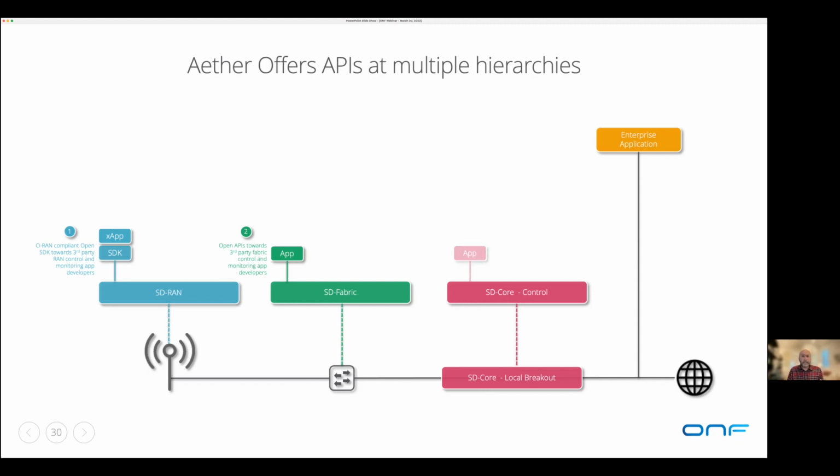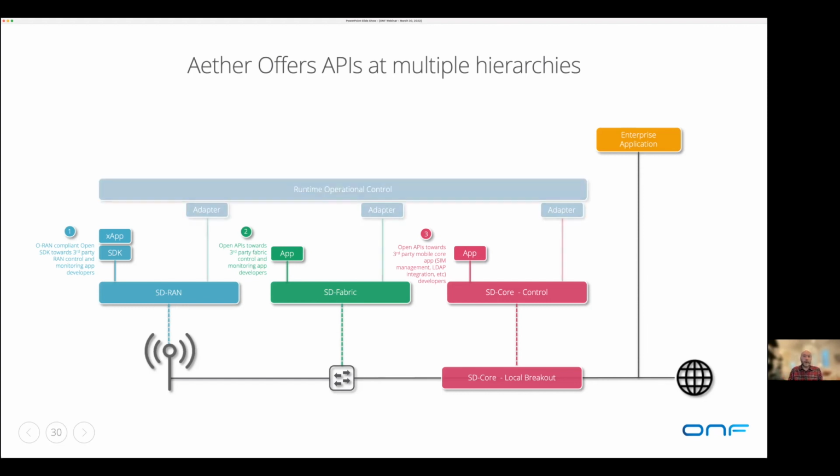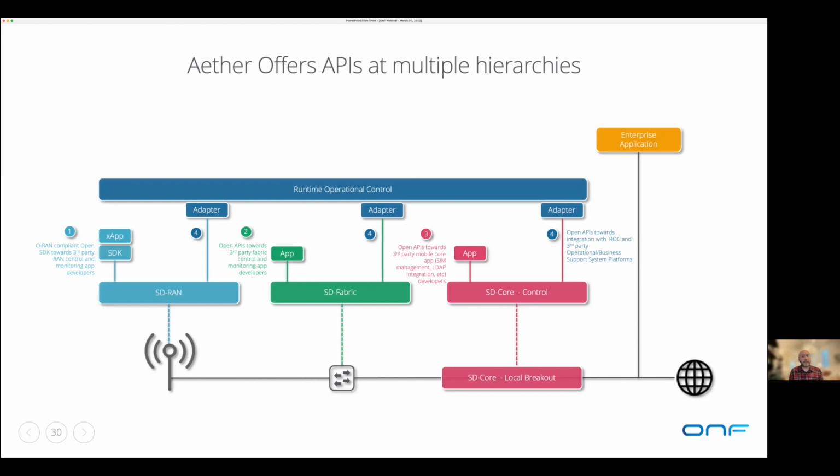One can also imagine open APIs for the mobile core towards developers who may want to integrate our solution with platforms and solutions such as SIM and eSIM management platforms, LDAP integration, integration with Active Directory, etc. These three component systems also expose APIs towards integration with OSS and BSS platforms.